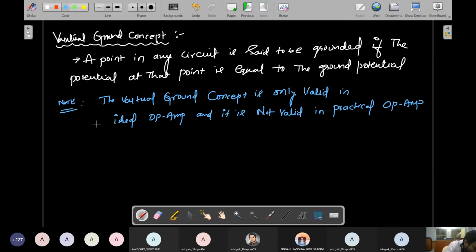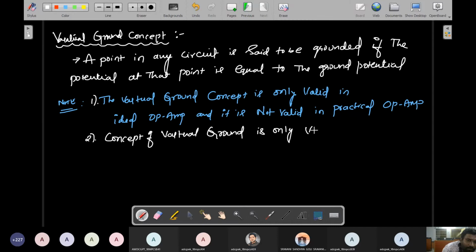Right. And the concept of virtual ground. This is the first point. And the second point is that the concept of virtual ground is only valid for a closed loop system.